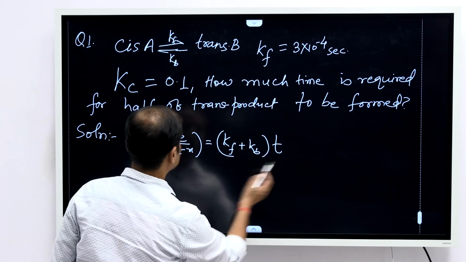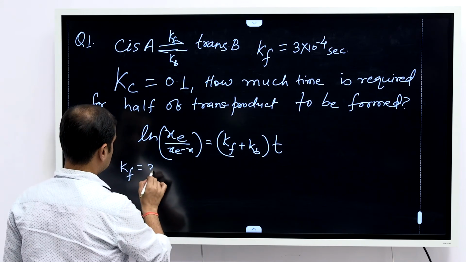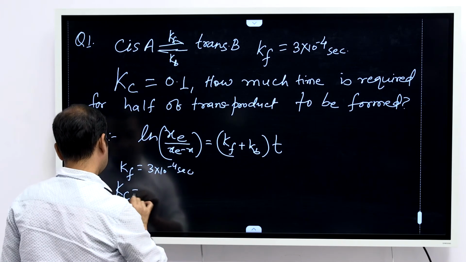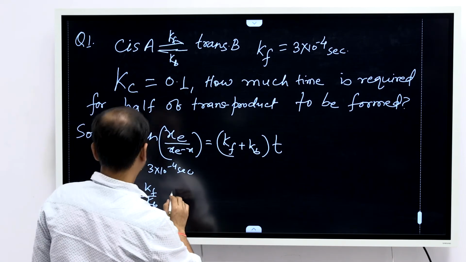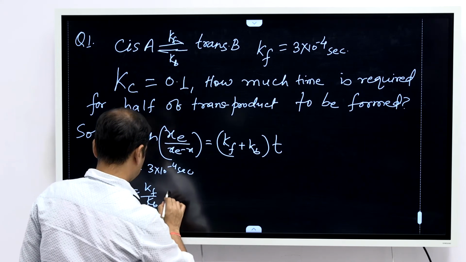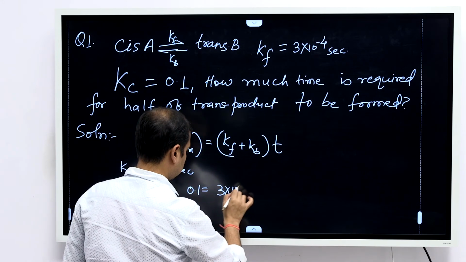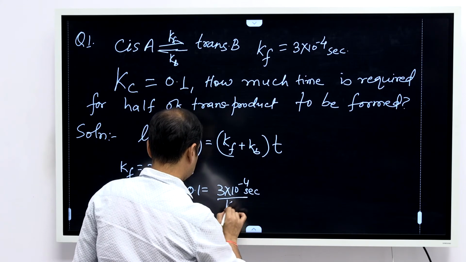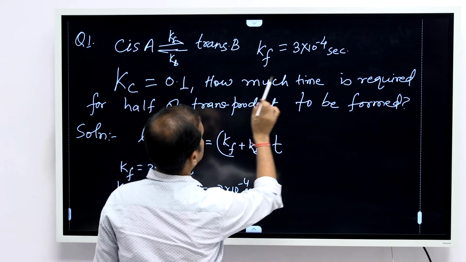So now kf we know, kf is equal to 3 into 10 to the power minus 4 second inverse, and Kc is equal to kf upon kb. Value of Kc is also given, so Kc is 0.1. So now we will use here 0.1 is equal to 3 into 10 to the power minus 4 second inverse upon kb.